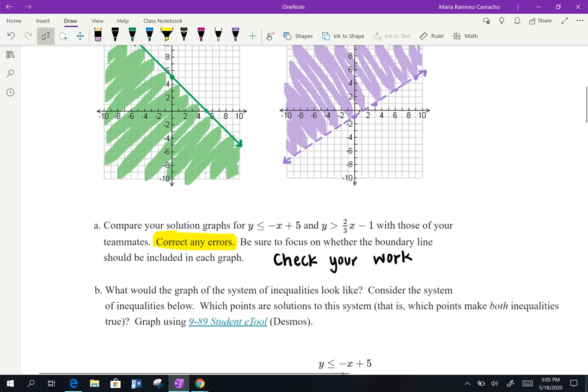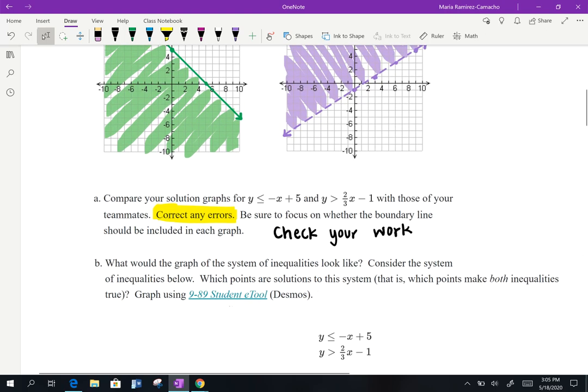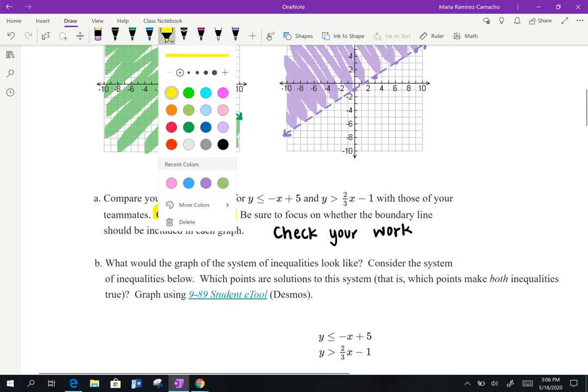Okay. Part B says, what would the graph of the system of inequalities look like? Consider the system of inequalities below. Which points are solutions to the system? That is, which points make both inequalities true? Graph using Desmos. So you'll notice that these are the same inequalities that we have above.